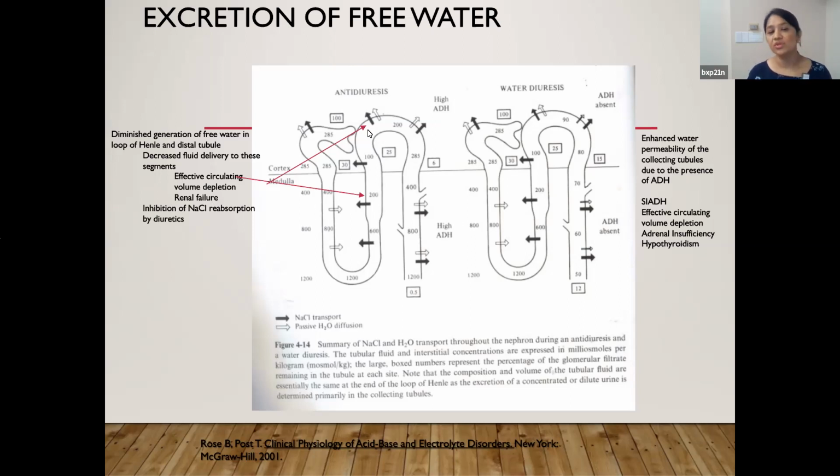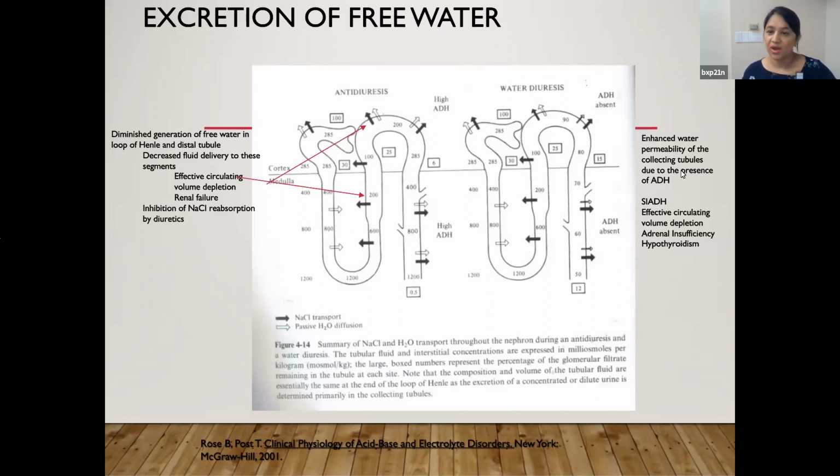And if you do the diuretic, suppose you're doing the loop diuretic, then you're knocking down, or if you're doing the thiazide diuretic, you're knocking down the distal tubule. So then you have the highly osmolar load coming to the kidney, and then basically that will go out, and it will diminish the free water excretion there.